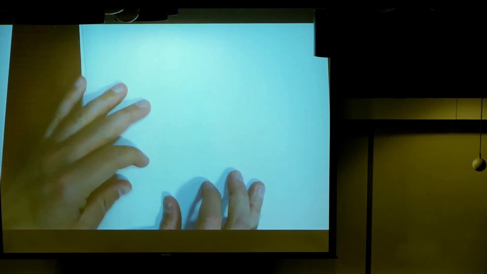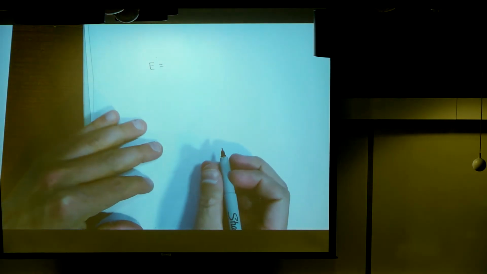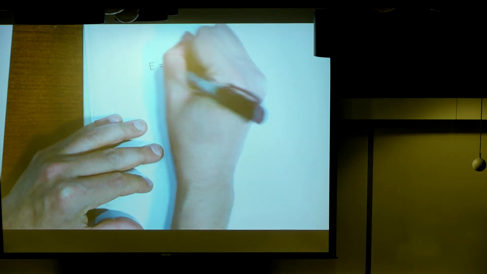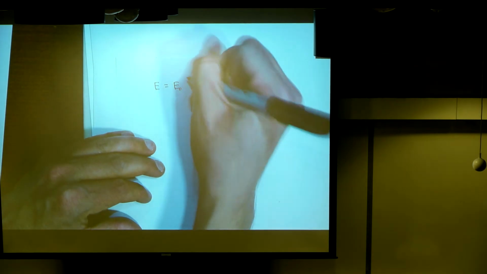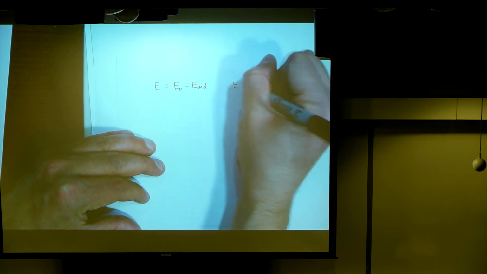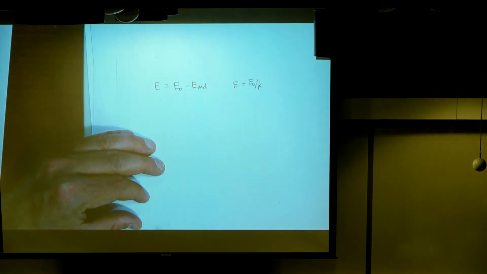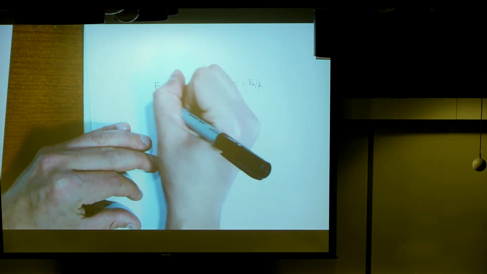So, here's what we have, everybody. We have E, the total E field, equals E naught, the field due just to the charges on the plates, minus E induced. And we also found that E equals E naught divided by K. So plug that in right here.